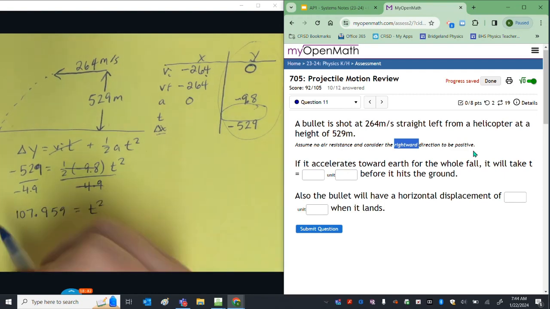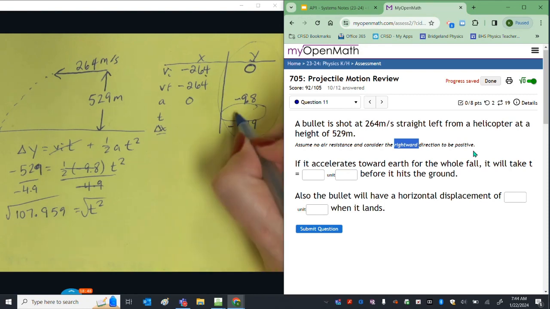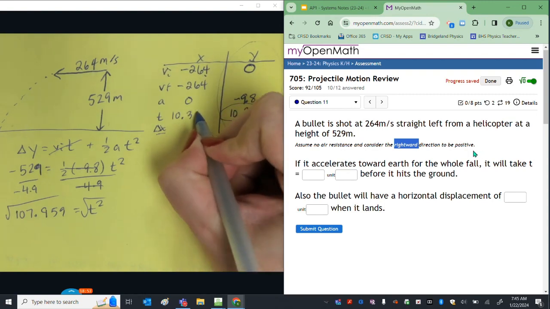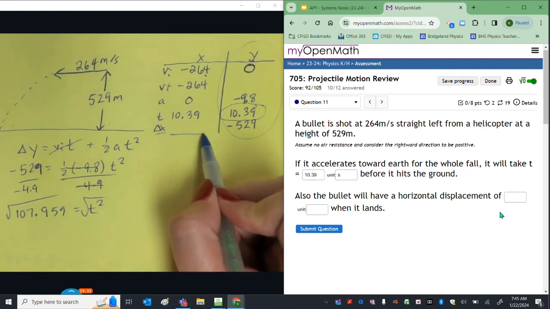We're going to take the square root of both sides to get a time of 10.39 seconds. And again, that time we can fill into both sides of this table. Also, the bullet will have a horizontal displacement of blank when it lands, so it wants us to figure out this value now.